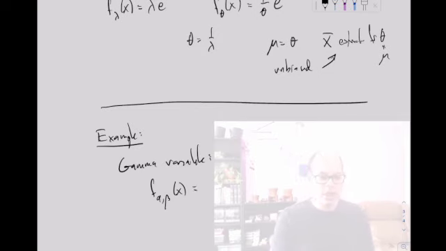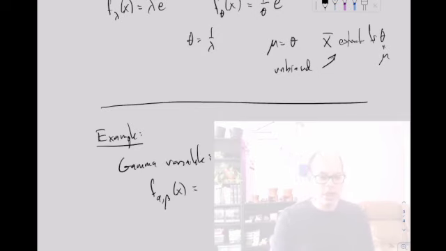This is proportional to x to the alpha minus 1 e to the minus x over beta. We're taking x over positive values like we were before, but I forgot to mention. And we have to have a normalization factor to make this integral 1, and the normalization factor is 1 over beta to the alpha, and the famous gamma of alpha, the gamma function from whence this gets its name.